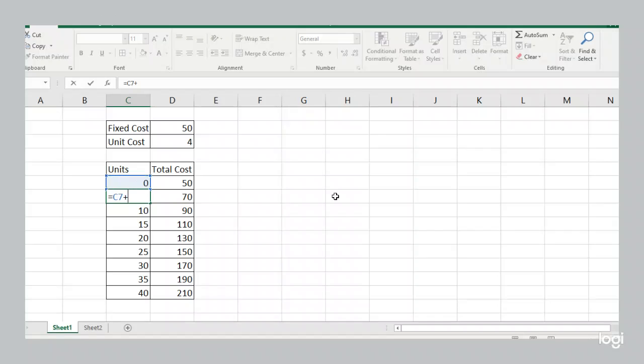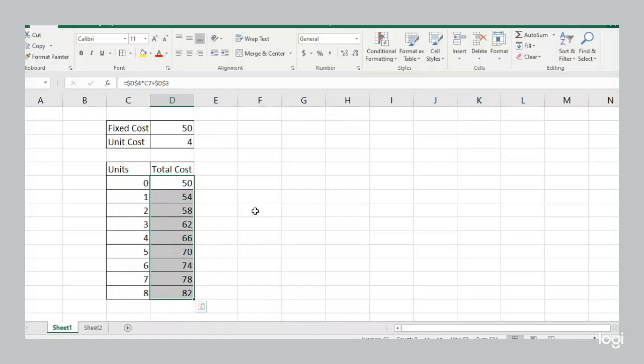To look at it more simply, we can just look at how much the cost increases if we increase the units by 1 on this chart. And you see with each additional unit produced, the total cost increases by 4. So we can graph this.